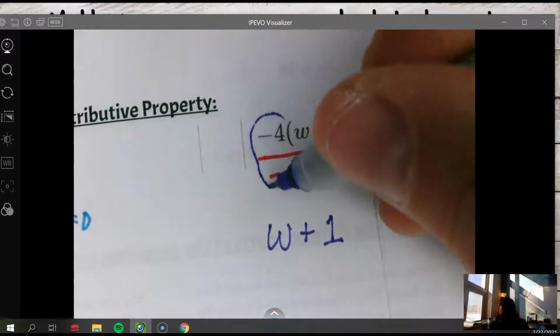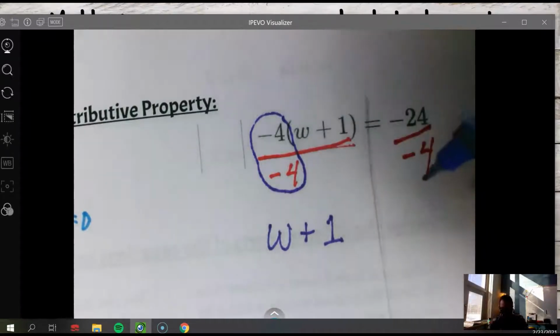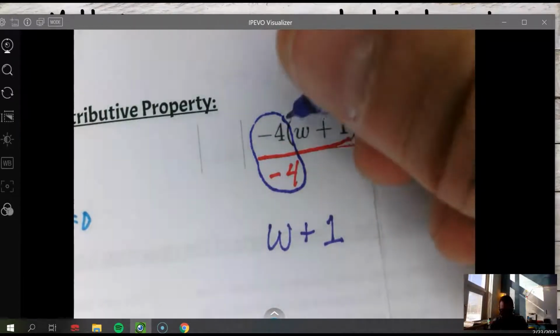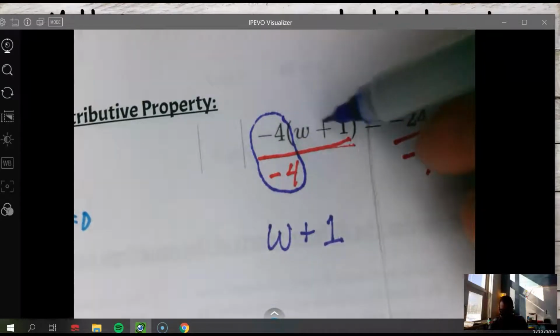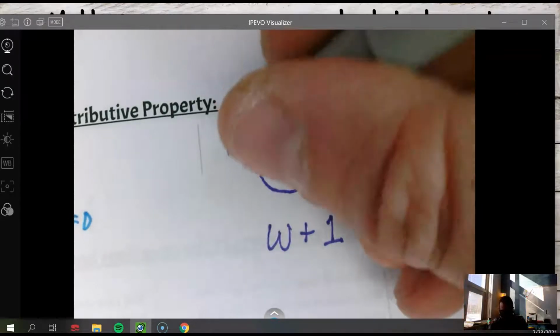This made a giant 1, because division makes our giant 1. So one set of w plus 1 is just w plus 1.